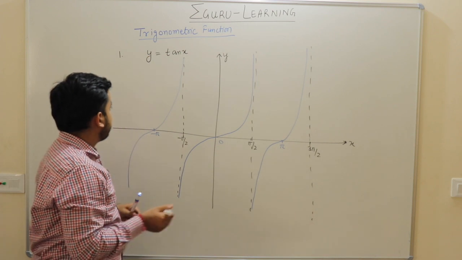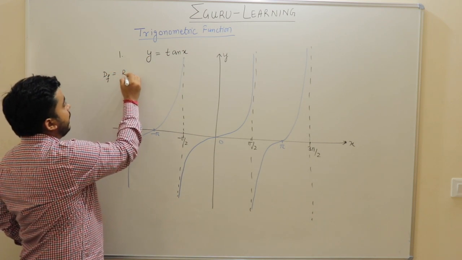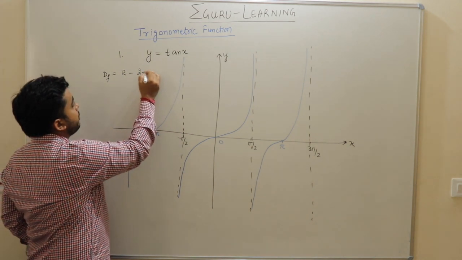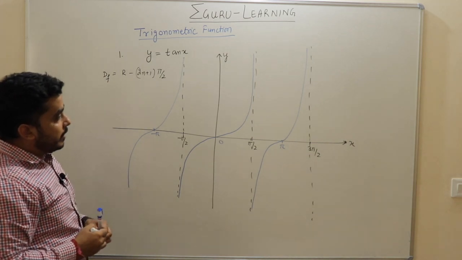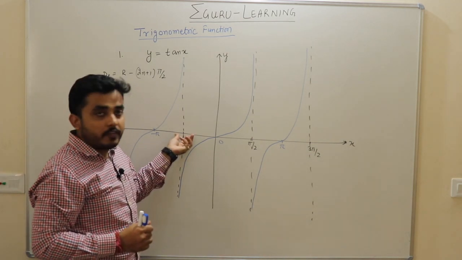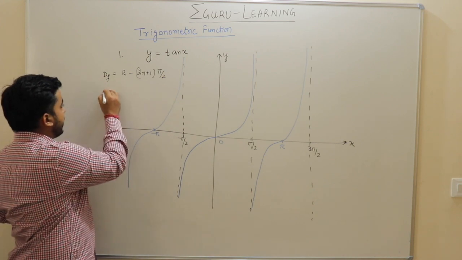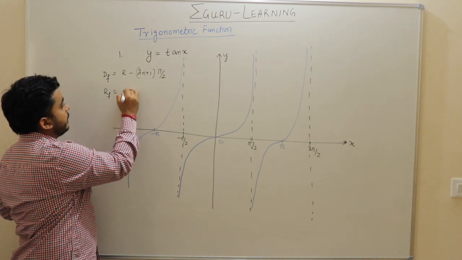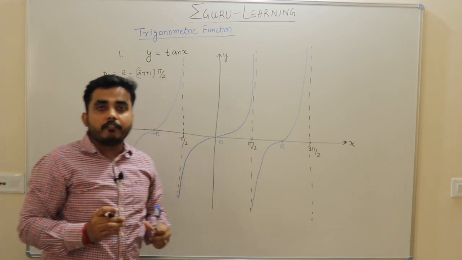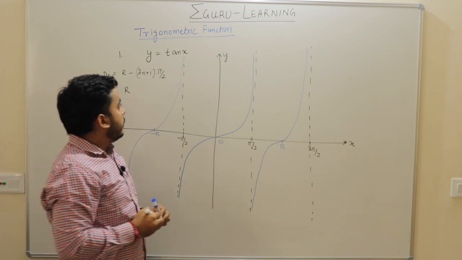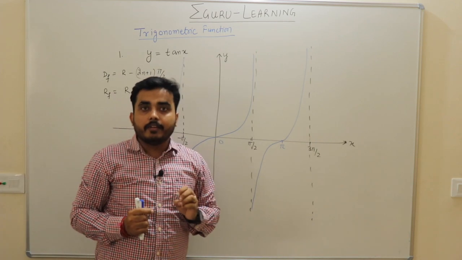That means the domain of this graph would be R minus (2n plus 1) pi by 2. That means we need to subtract all these points where this graph is not defined. So this is the domain of the function. And talking about the range of this function, that will be all the real values. That means from minus infinity to plus infinity, the graph will take all the values. Okay, so this was about the graph y equals tan of x.